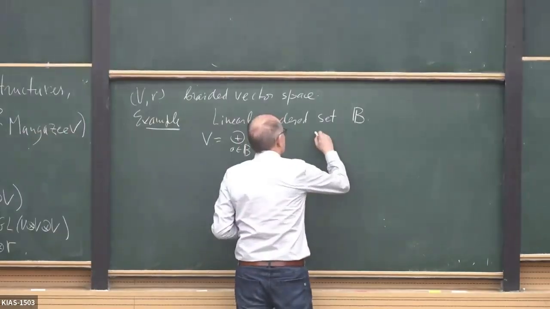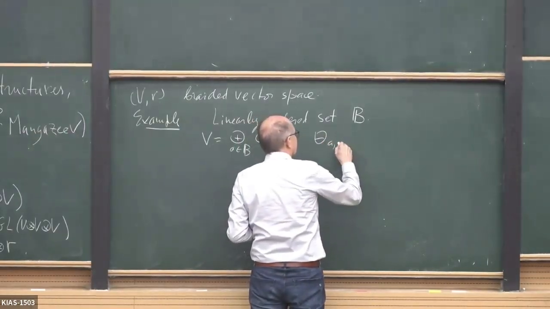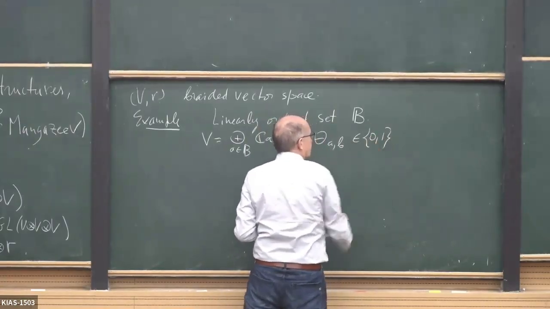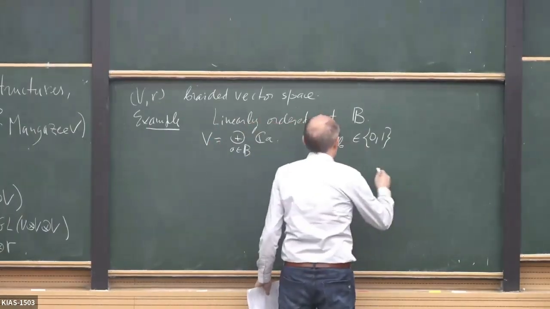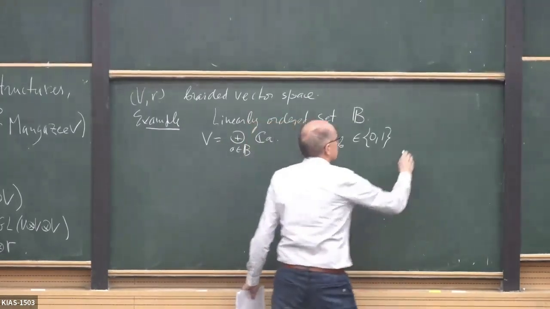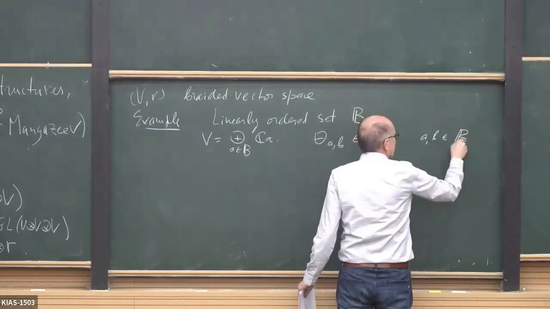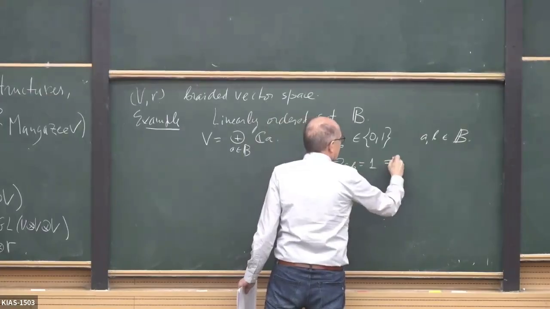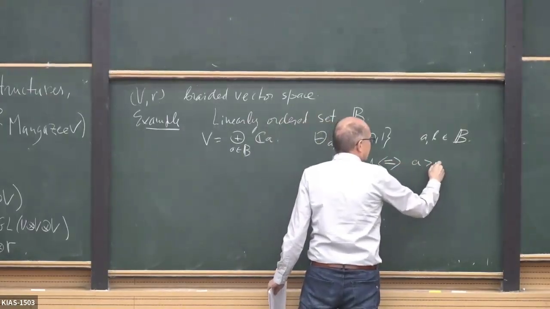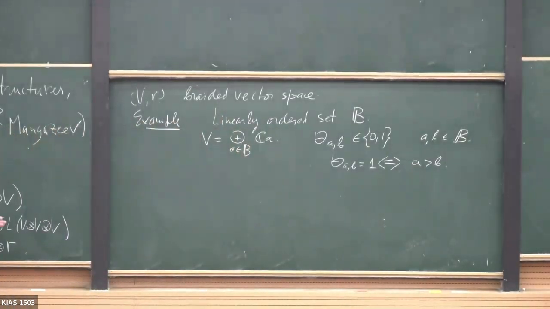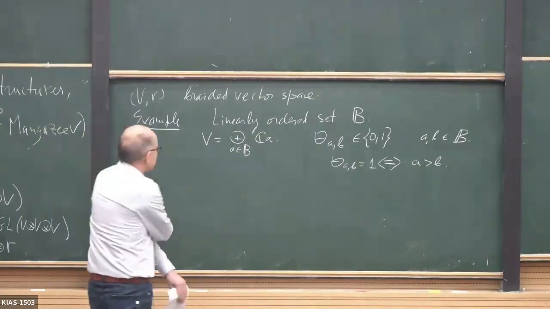Then we define a Heaviside theta symbol, which takes either value 0 or value 1, depending on the relationship between A and B. These A, B are elements of this linearly ordered set, and theta AB is 1 if and only if A is strictly bigger than B. Usually it is called the Heaviside function.